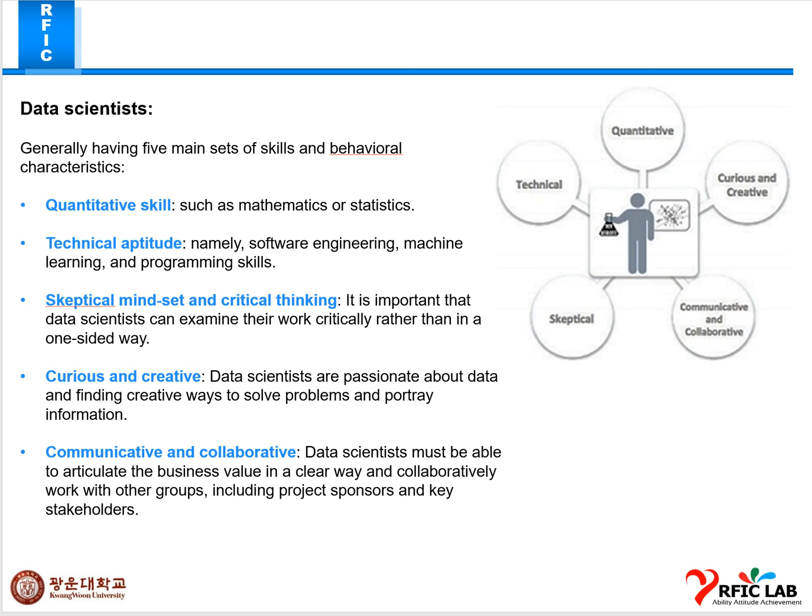What is quantitative skill? You should be strong in mathematics and statistics. And in technical aptitude, mainly like software engineers: logical power, programming skills, and machine learning, everything you should know.